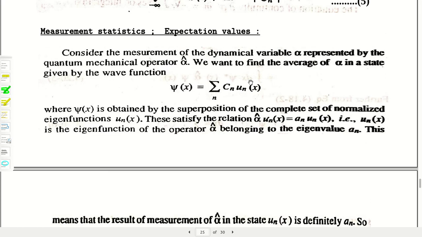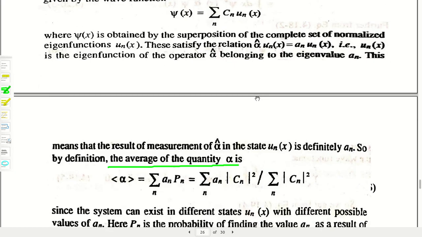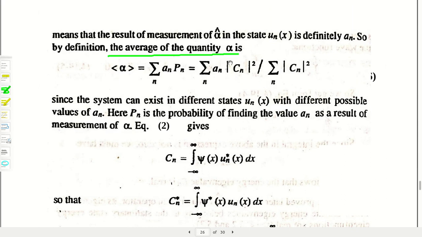So psi of x is not assumed to be normalized at the very beginning of this discussion. So Pn assumes the form of equation number 4, not 5. Equation 5 is a special case where psi is the normalized wave function, so this term will not be occurring.